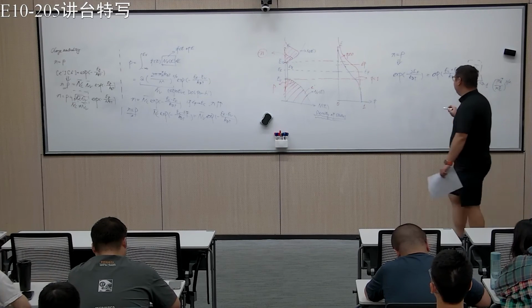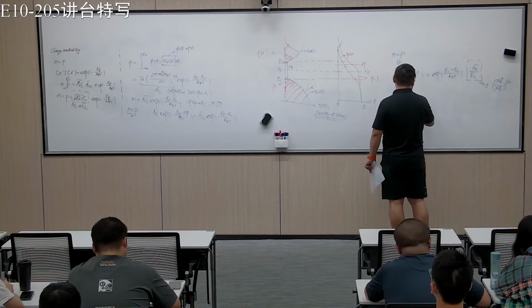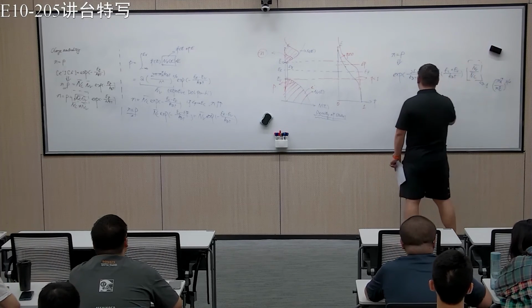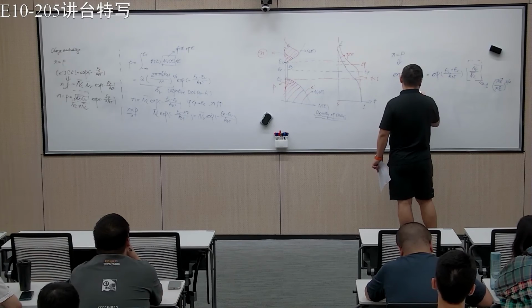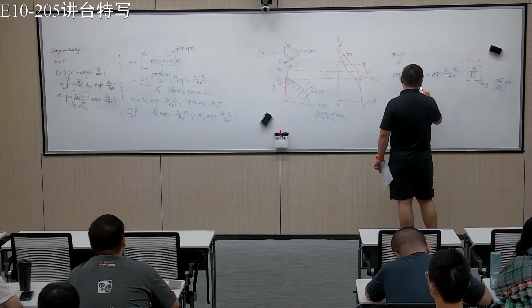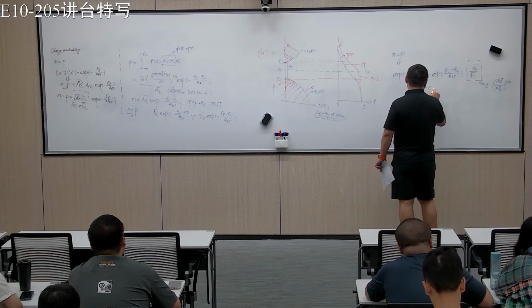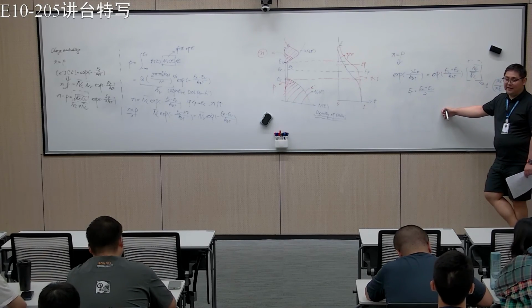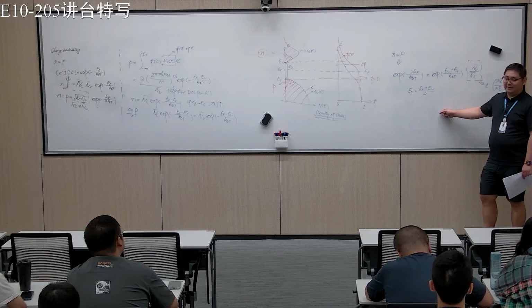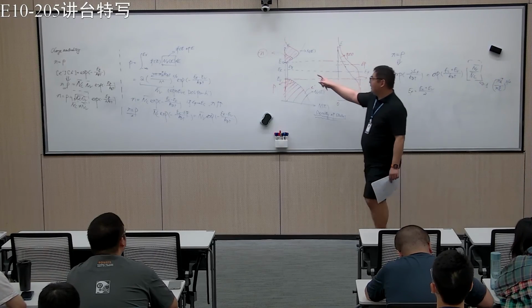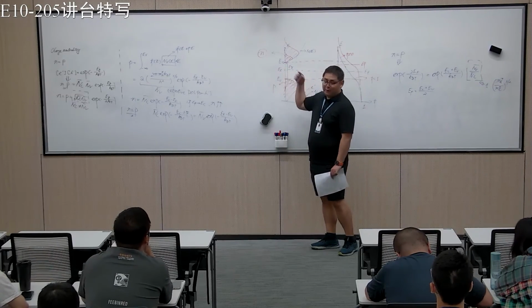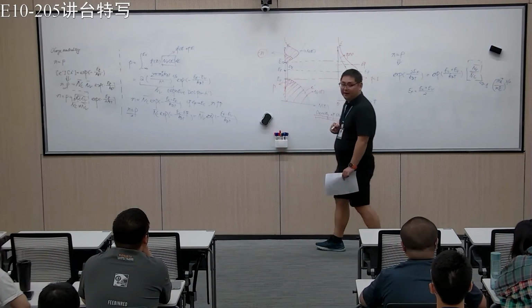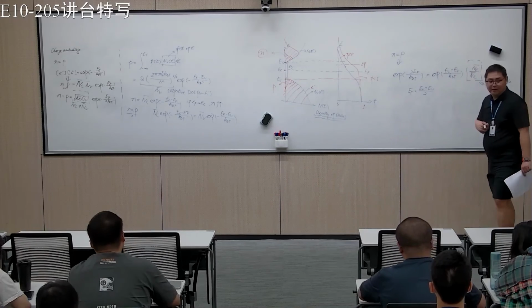Then what we get is E_F should be 1/2 of (E_C plus E_V), which means the E_F is exactly in the middle of the band gap.